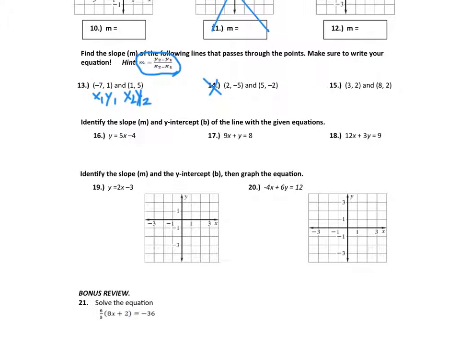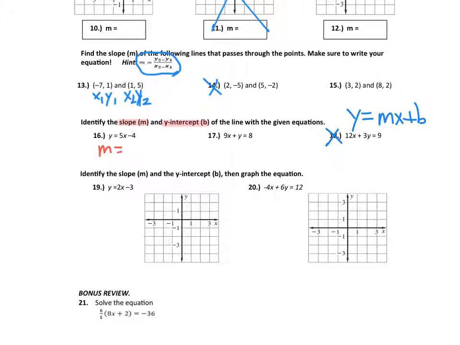Okay, we're going to do 16, 17. We'll skip 18. You want to get these in y-intercept form. So y equals mx plus b. And they want you to identify the m, which is the slope, and the b, which is the y-intercept. They just want you to name them.